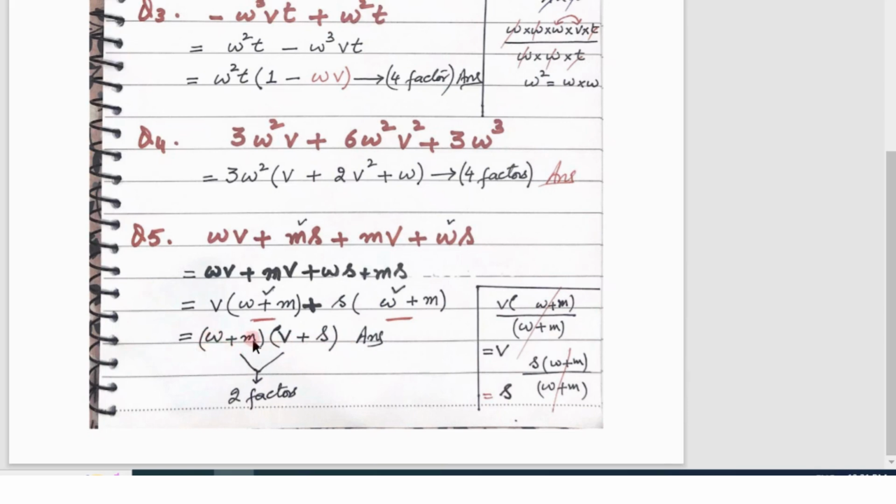And these two terms and these two terms which are inside the separate brackets are making factors. So there are two factors. Okay, W plus M and V plus S are two factors.